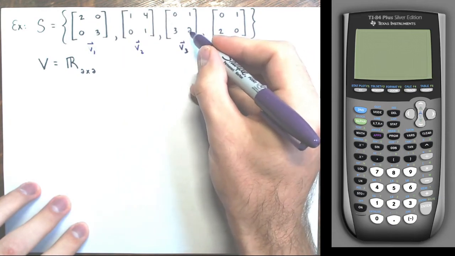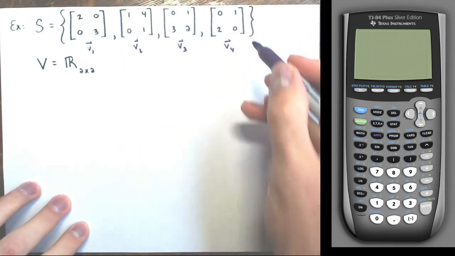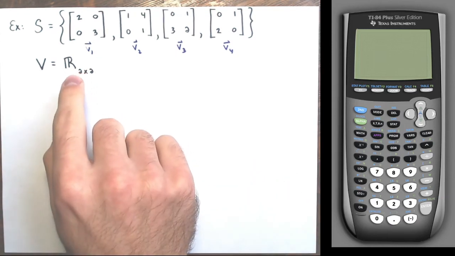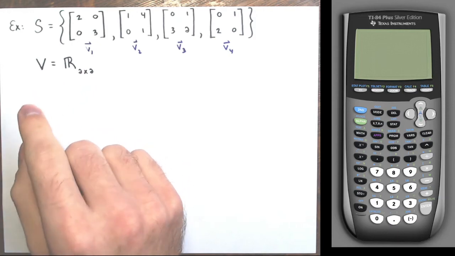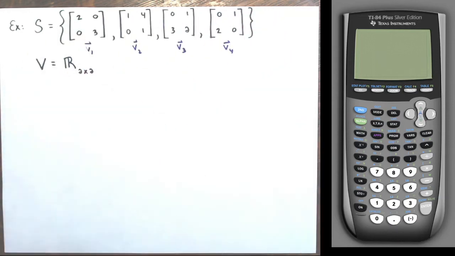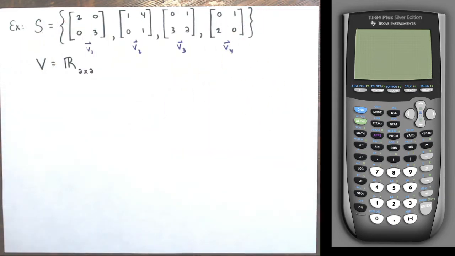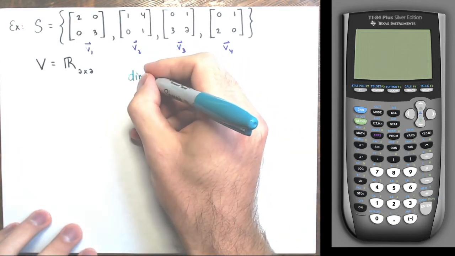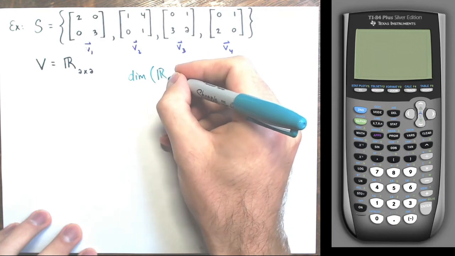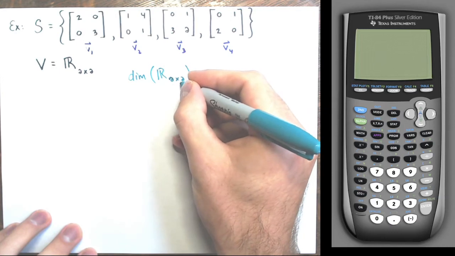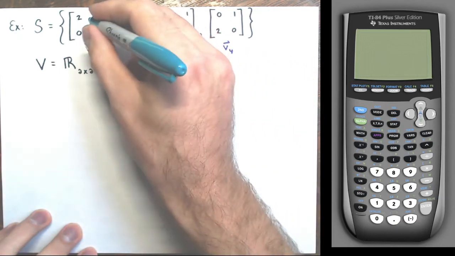Vector 3 is this 2 by 2 matrix. Vector 4 is this 2 by 2 matrix. If I didn't know the dimension of this space, I would have to check: does this S span R 2 by 2, and is the set S independent? But I do know the dimension. Remember, it was m by n matrices, so a 2 by 2 matrix was just a product of rows and columns, the number of entries in each matrix.